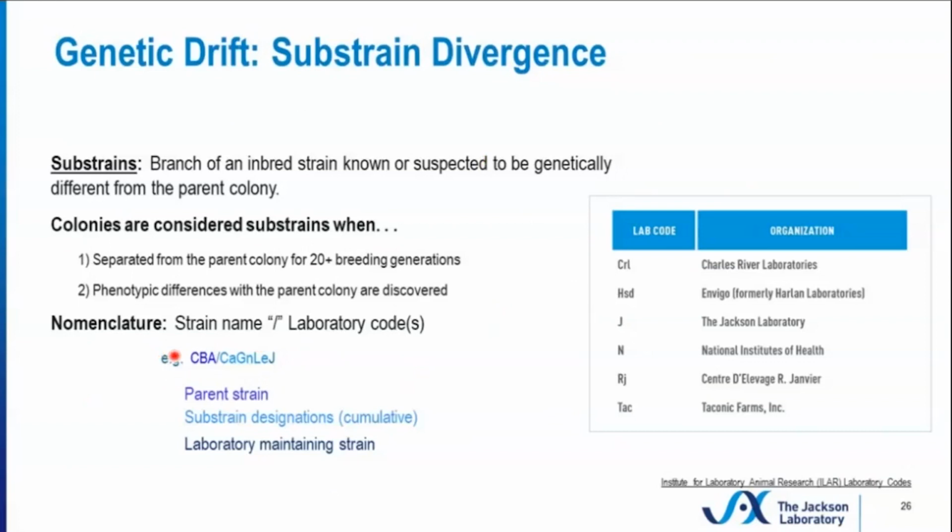We actually have a dedicated webinar for mouse nomenclature, and I'll be happy to share that information if you need. But you can look at the name over here, like the parent strain, the substrain designation, and which laboratory is maintaining that strain, to know exactly what substrain they are, so that you don't mix any one of these with another strain.